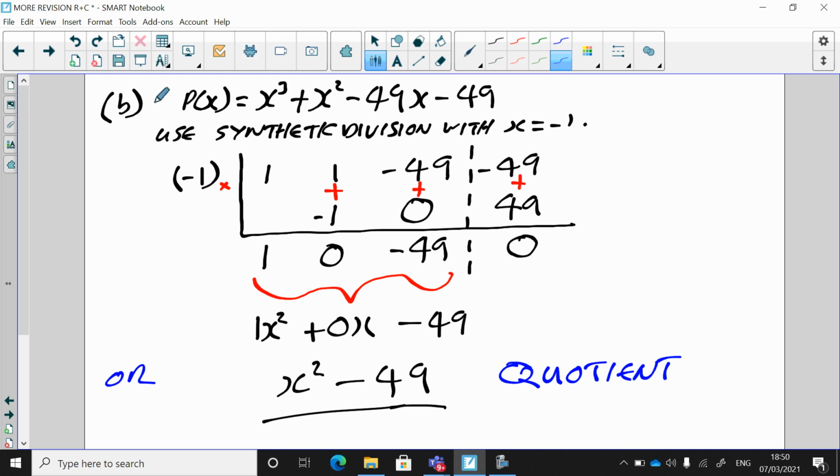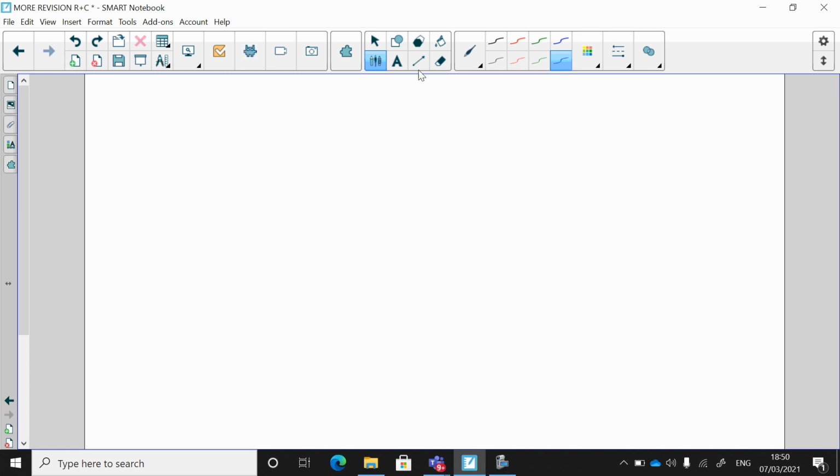So let's move on. We divided by x plus 1, and we get a quotient of x squared take away 49. So that tells us something about p of x. So I'm just going to write it from the start here, just so you can see.